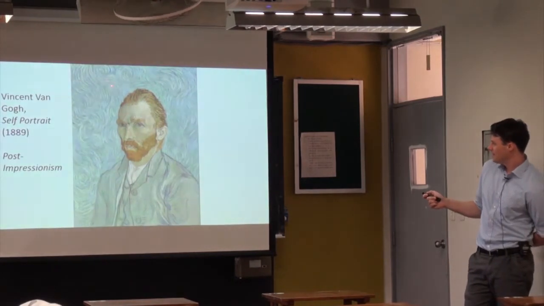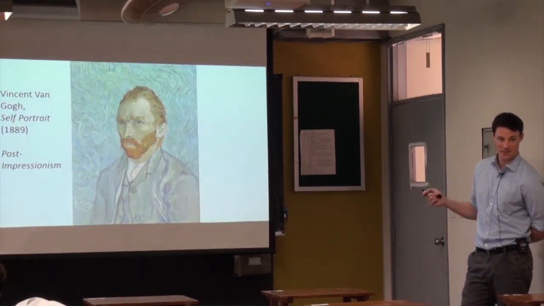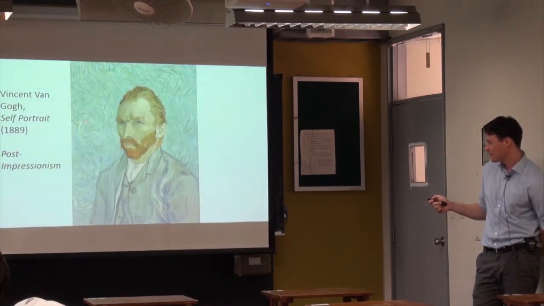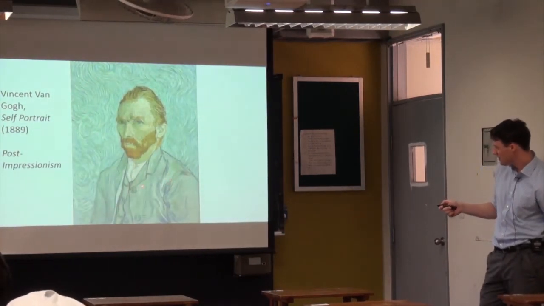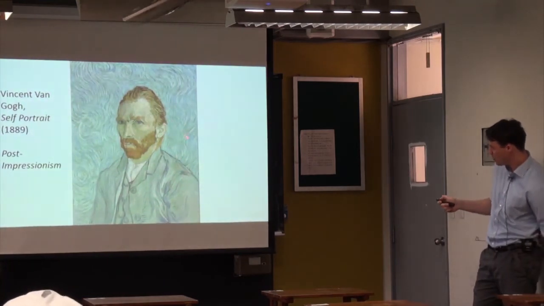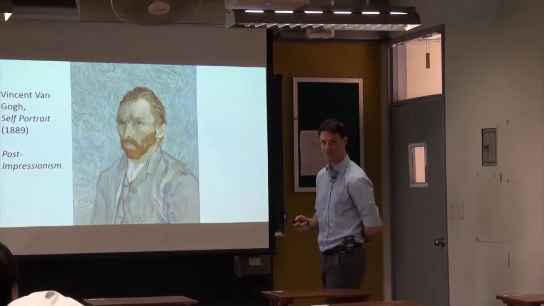This is why Van Gogh is famous. This is what he's famous for. These swirls of color. Swirls, right? Even on his jacket, you can see it starting to swirl just like the background, right?